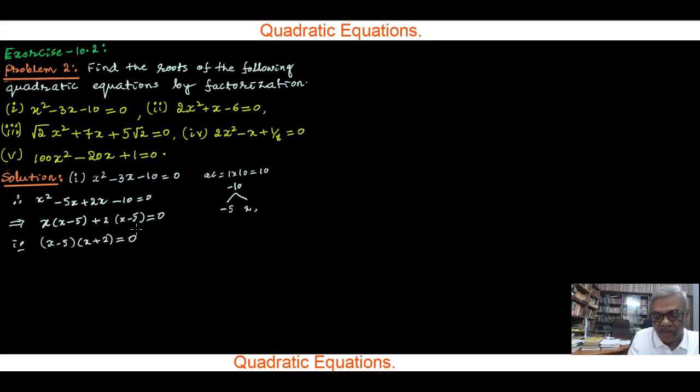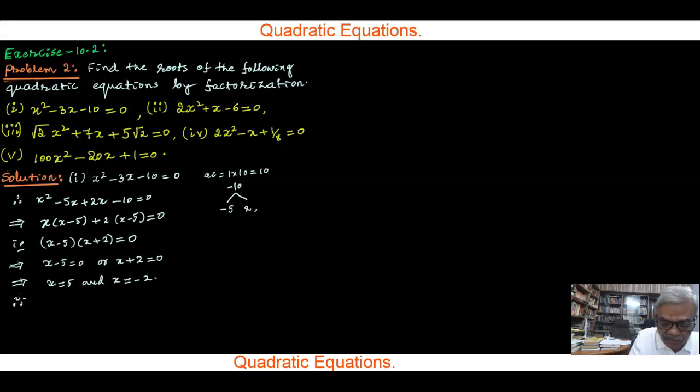These are the linear factors, the product of linear factors. This implies either x minus 5 equal to 0 or x plus 2 is equal to 0. And this implies x is equal to 5 and x is equal to minus 2.